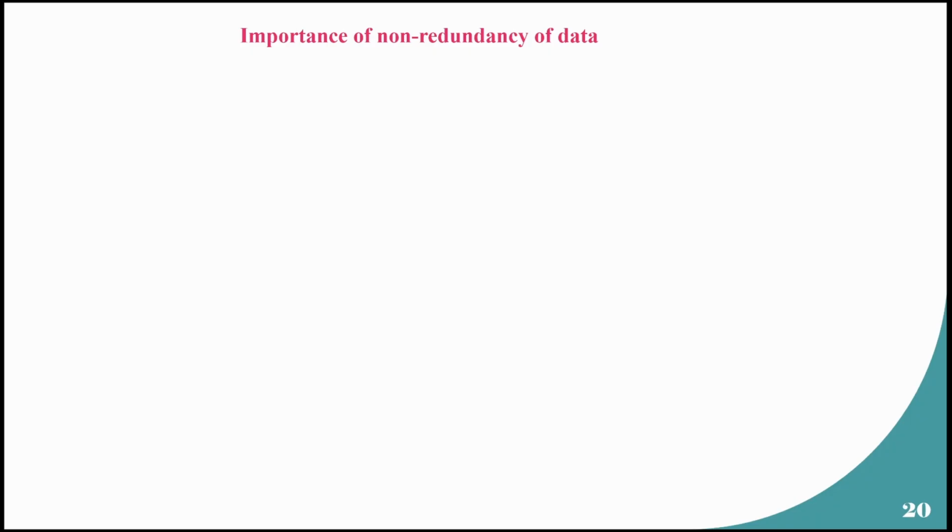So what does non-redundancy indicate, and is that important or not? Overlapping or recurring data? Yeah, basically, kind of the same. Recurring data, right? You are saying.